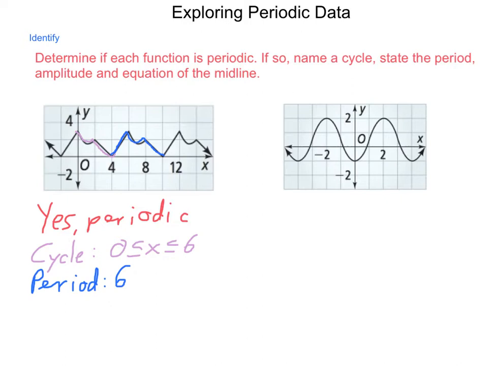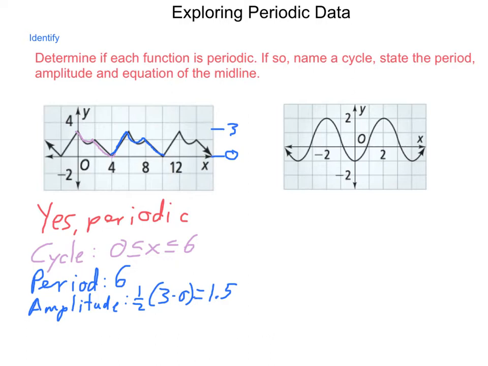What is the amplitude? Well, our maximum value appears to be 3, and our minimum value appears to be 0. Our amplitude is 1/2 this difference, so it's 1/2 of 3 minus 0, which is 1 and 1/2, or 1.5.